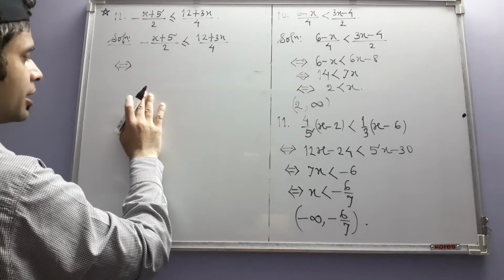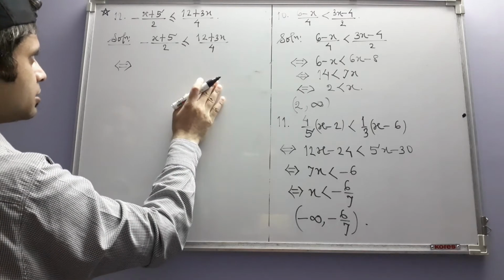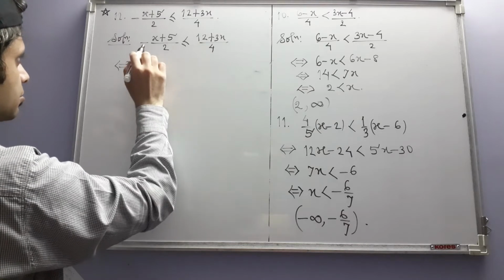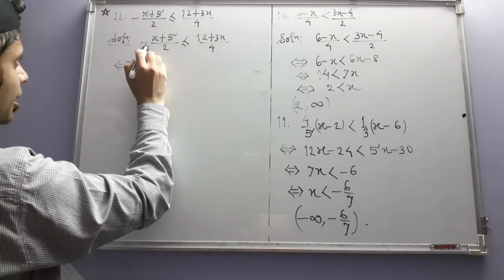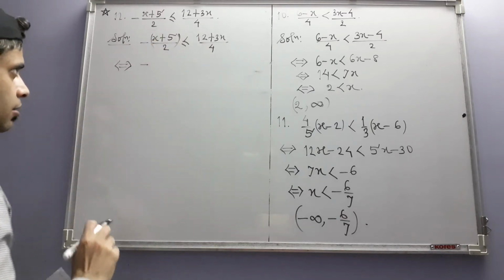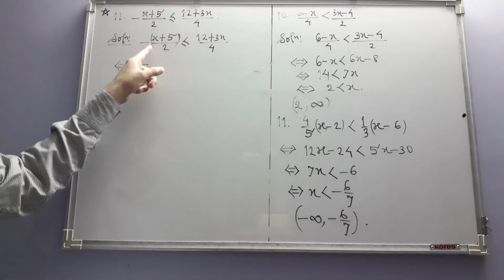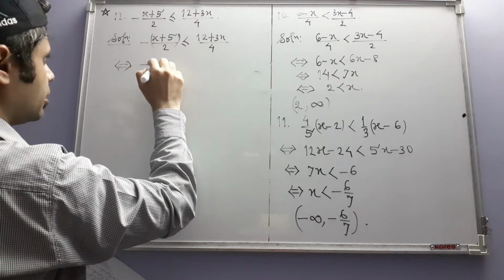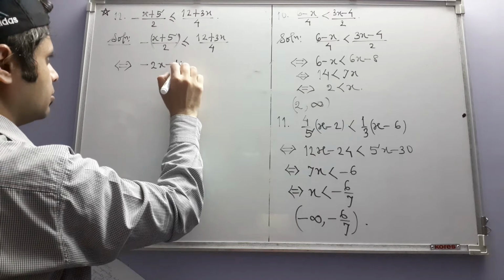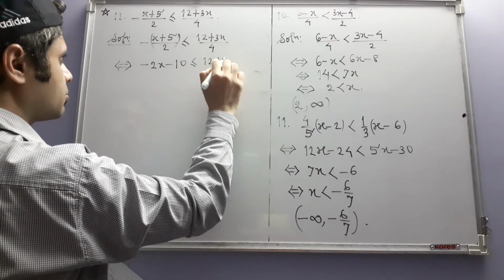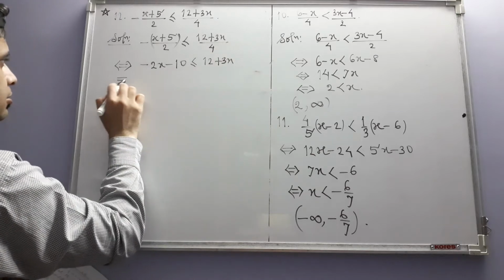So we multiply throughout, on both sides, by 4. So on this side we will have, note carefully that this minus sign is with this entire quotient, not just x. So minus 2x minus 10 is less than or equal to 12 plus 3x.